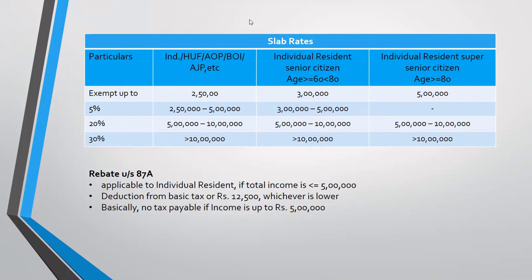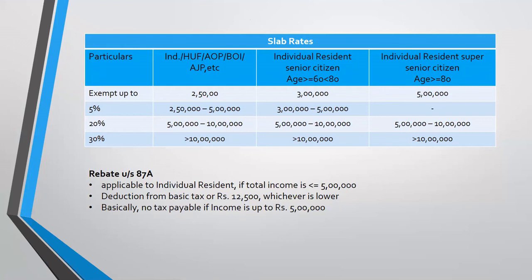Then the Income Tax Act has given some relief to the individual taxpayers under Section 87A. If the total income of the individual is less than or equal to 5 lakh, the deduction from basic tax is 12,500 or the actual tax payable, whichever is lower.